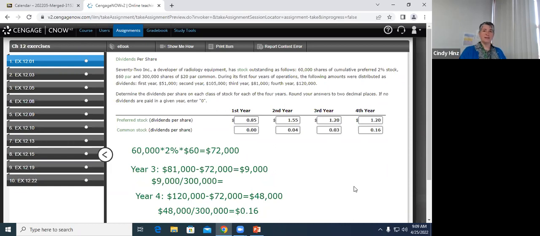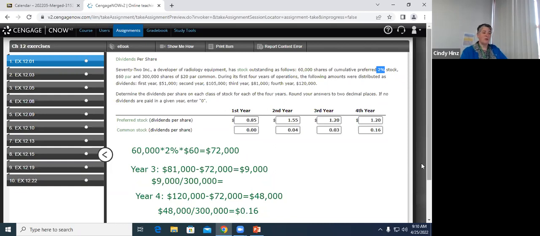The preferred stock is definitely less risky because it has preference over the common stock, but those are not voting shares. And we also have a cap of, in this case, 2% on the earnings. So that $1.20 will remain the dividend for those preferred shares forever. It's never going to be more than that.